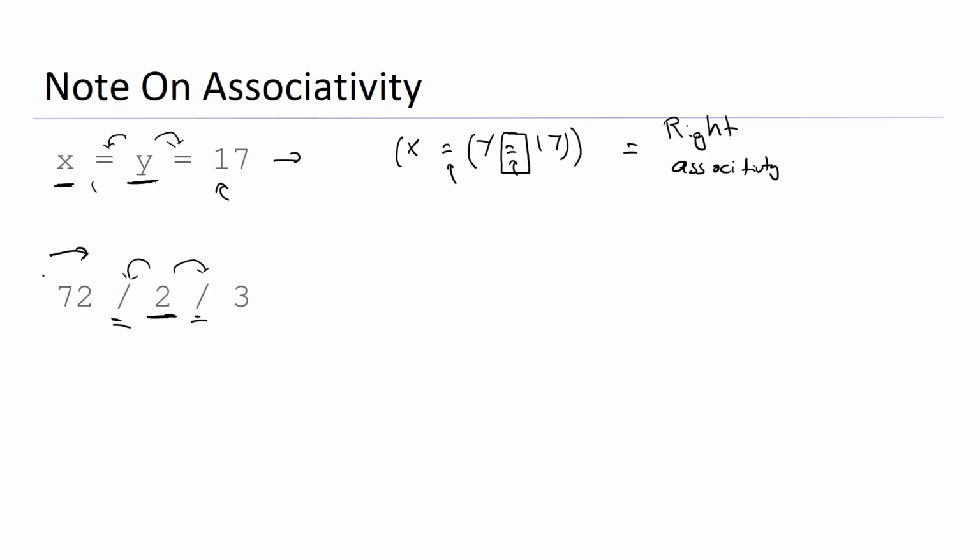You will execute this from left to right, and the division in here will be applied first. So this will be equivalent to 72 divided by 2, and that's divided by 3. So the number 2 will be taken by the operator on the left hand side. That's why division has left associativity.